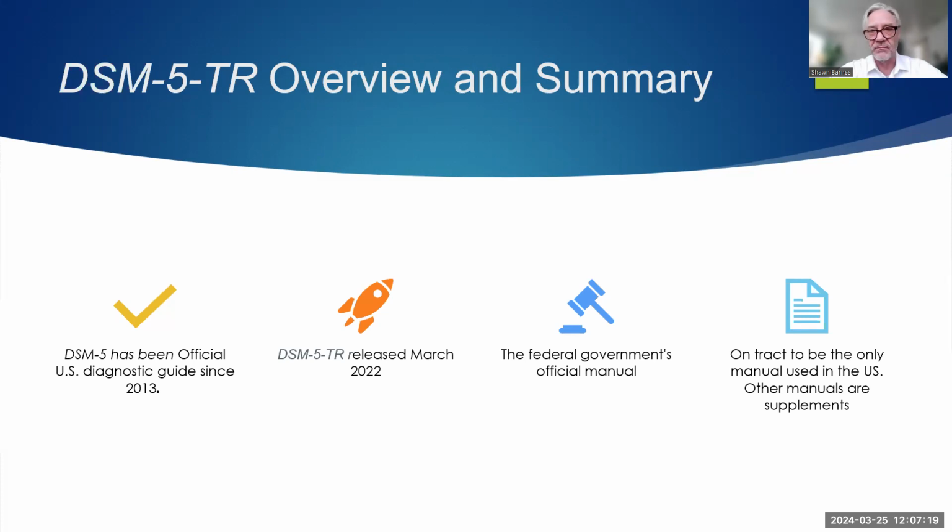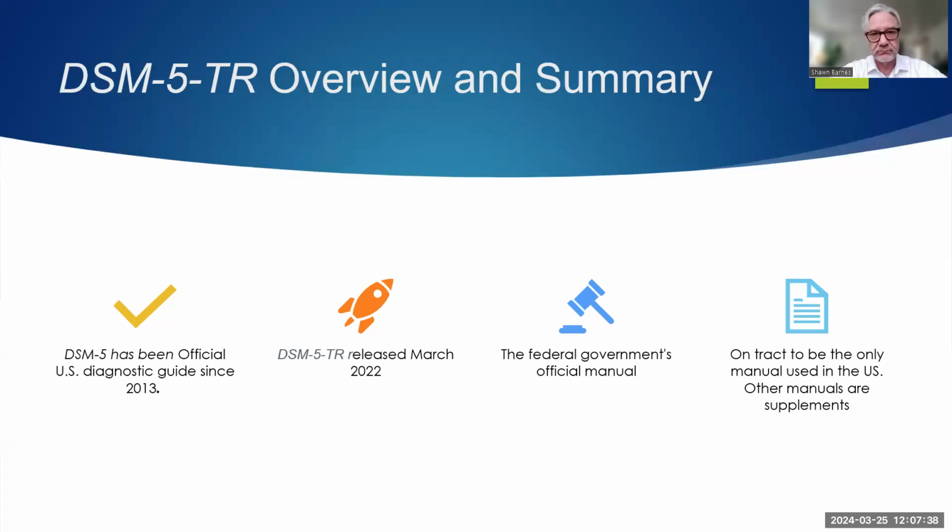Nobody's using anything else. Even your insurance companies are using the DSM-5 or DSM-5-TR. The TR was introduced in 2022. And one thing to note is that the federal government is also using the DSM-5-TR for all diagnostic criteria.